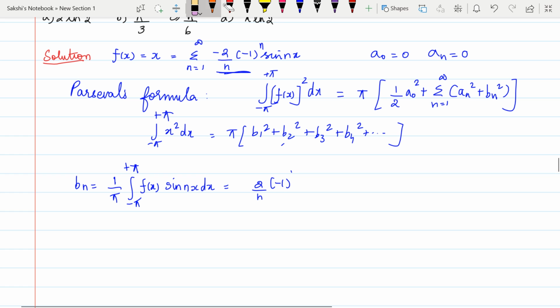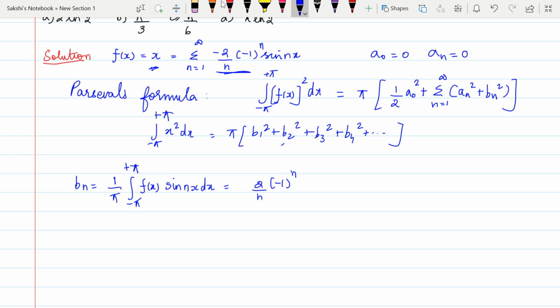When you solve this equation with f of x to be x, you're going to get 2 by n, minus 1 the whole power n. Okay. So now you can use this bn formula to get b1, b2, b3, b4.